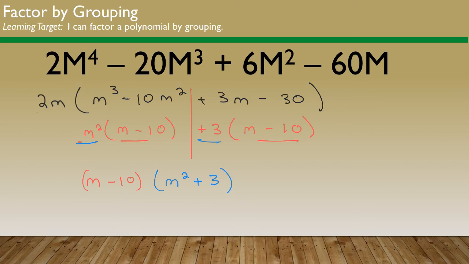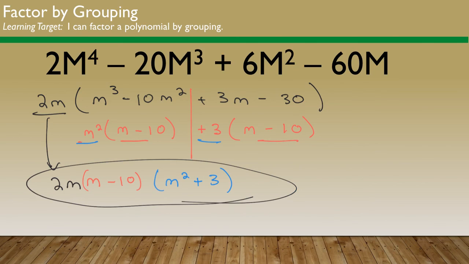And then don't forget your original common factor, the 2m. And we should have all of that. Okay, and then double check. If I were to multiply those together, I'd have 2m times m, that's m squared, times m squared again is m to the fourth, and that should match what you have here. If it doesn't, then something's probably missing, so double check that, okay?